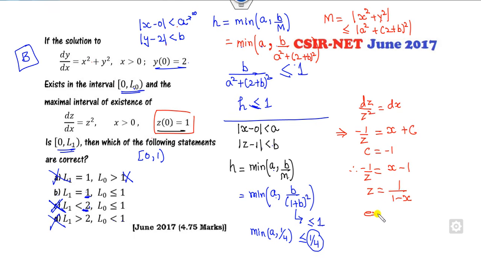So clearly the solution exists for all those values of z and x which are not equal to 1. So that means this is an open interval of 1. But in this case, if I say L1 is 2, then the interval will be here. So 1 belongs to this. So that's why this option is cancelled. So the only option is B, the correct option.